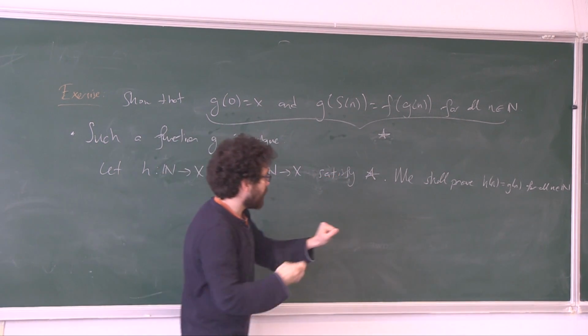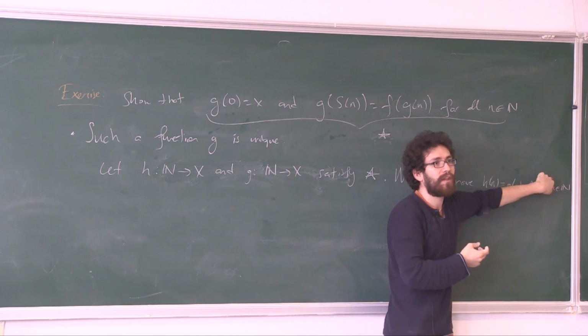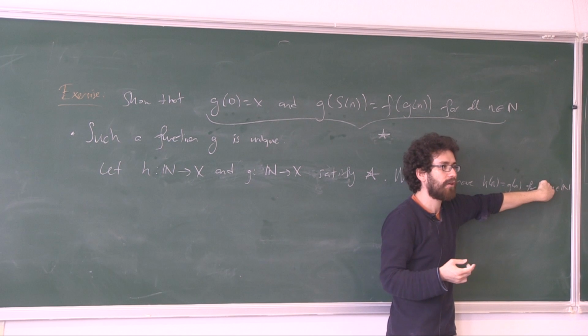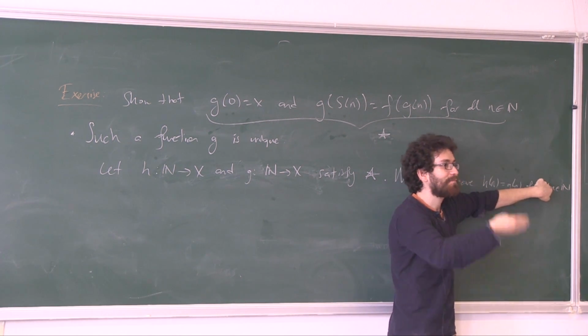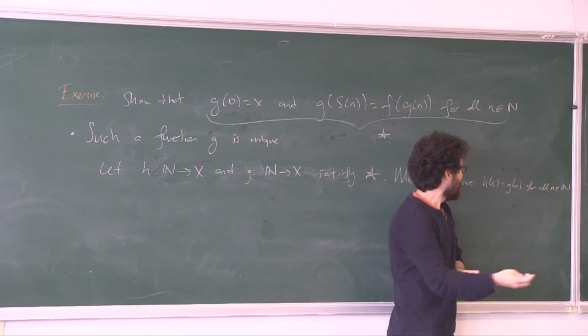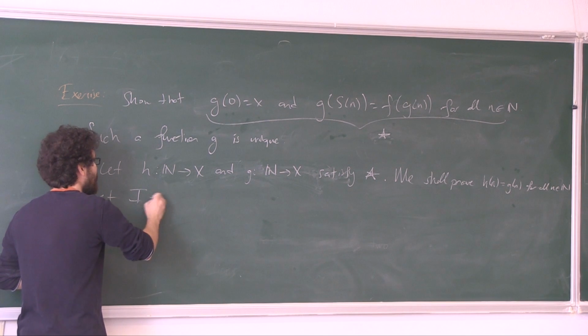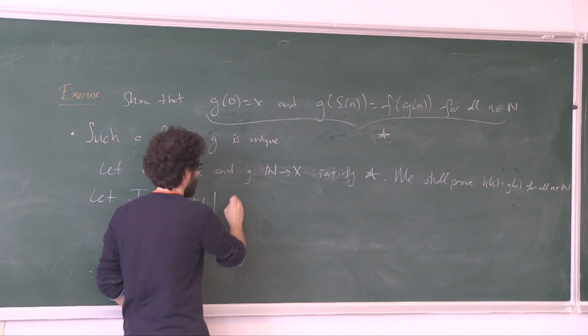Now let's look at this statement. Blah, blah, blah, blah is happening for all natural numbers. How do you prove something like this? How do you prove a statement about natural numbers? Induction. So we're going to prove this by induction. Let I be the set of all natural numbers satisfying that.